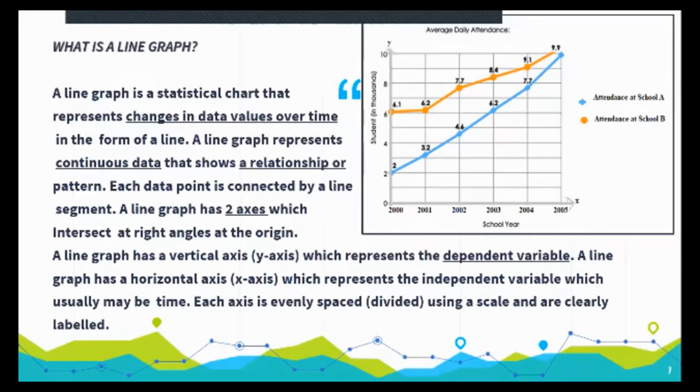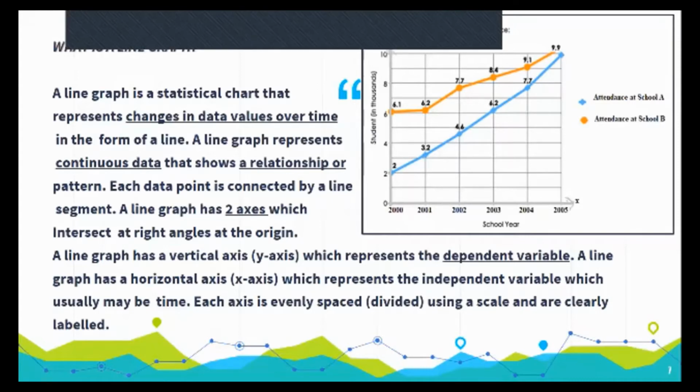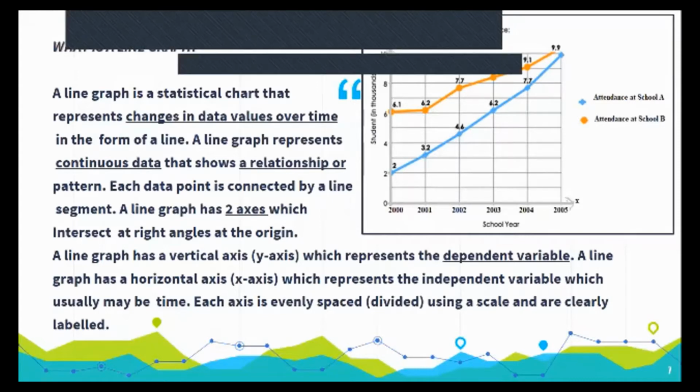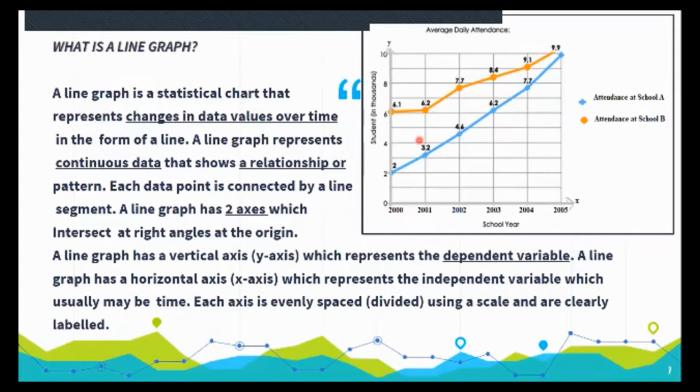Very good work. So here's a definition of what is a line graph. Let me just put on the spotlighting tool. You can see clearly, right? Yes, miss. Great. Okay, so what is a line graph?